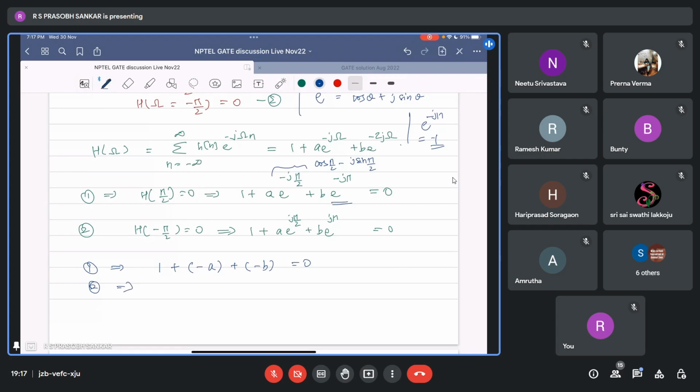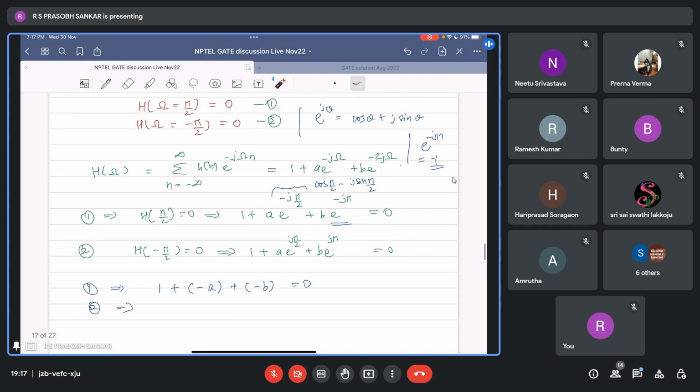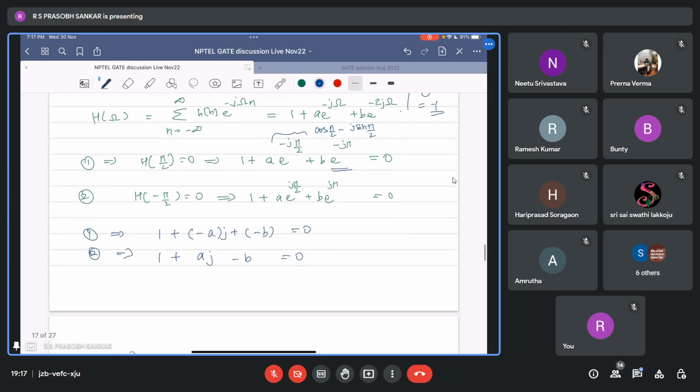Second equation means, again substituting here, e power j pi by 2 will be cos pi by 2 plus j sin pi by 2. I missed a j here, this should be j, but it's okay. So I have 1 plus aj, that is the thing, and then e raised to j pi, that's again minus 1, minus b. This is 0.